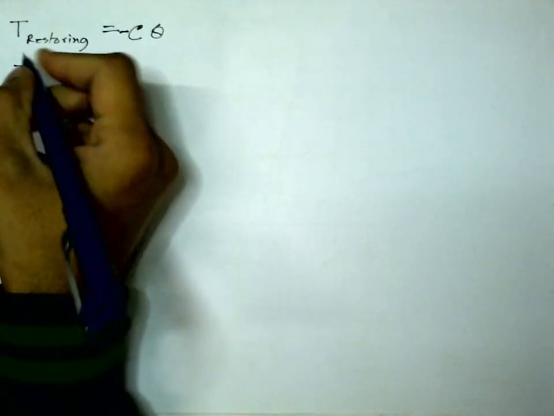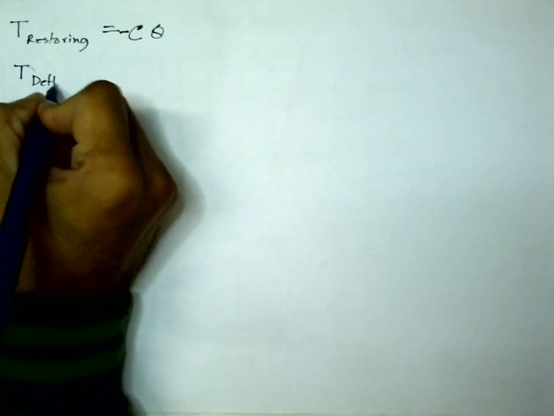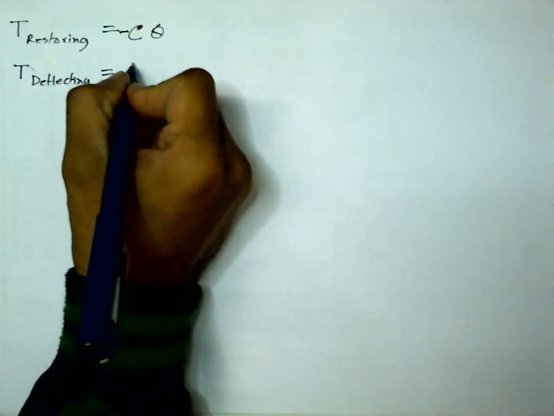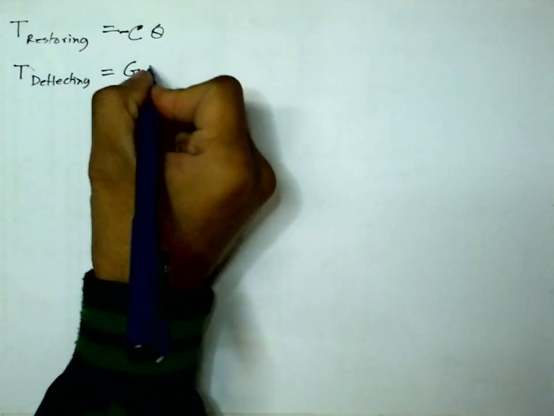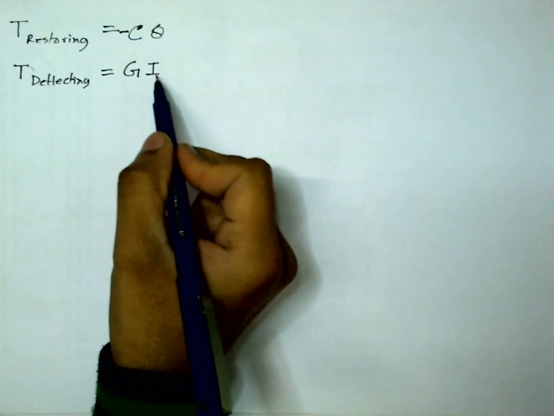Now T electromagnetic, or T deflecting, is G times I. G is the torque per unit current, multiplied by the current.